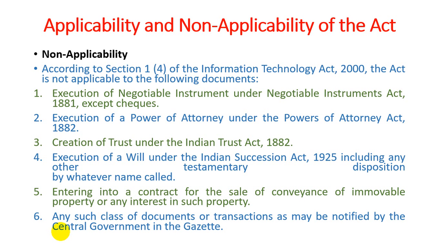It is known as a gazetted sign. So whenever you want to submit an authentic document with the help of a gazetted sign, it does not fall under the IT Act 2000. So guys, these are the six things which are not applicable in the IT Act 2000.